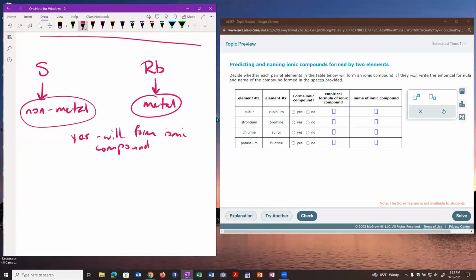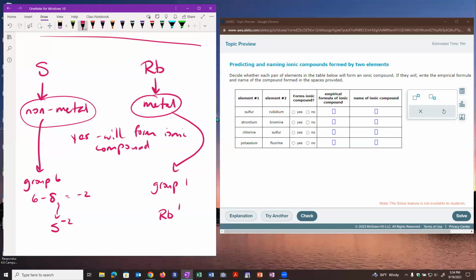Well, again, we focus in on sulfur. Sulfur is in group 6. So then the charge on the sulfur ion will be 6 minus 8, which is -2. So the sulfur ion, S2 minus. And then rubidium, if we find rubidium on the periodic table, Rb is in group 1. Okay, so its charge then is going to be Rb plus 1, right?